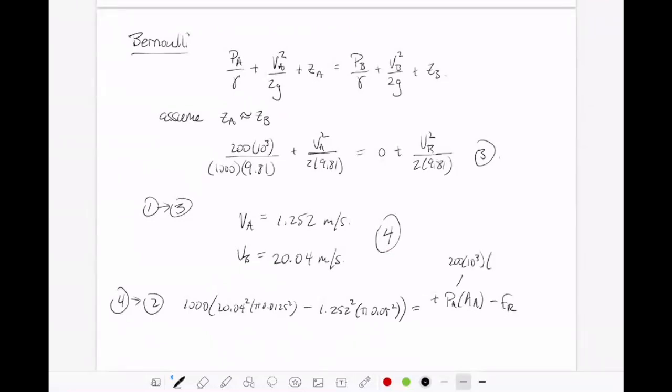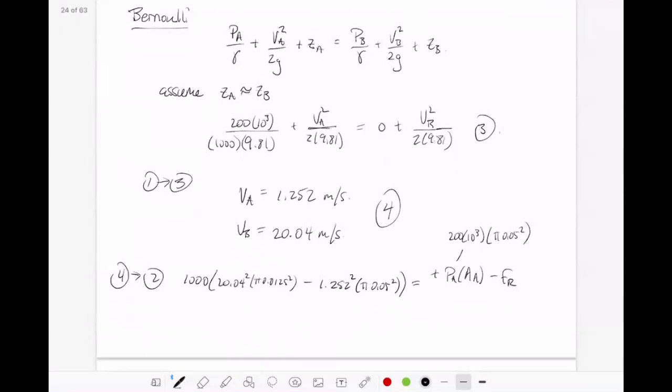PA times AA is 200 times 10 to the 3 pascals times pi times 0.05 squared. So finally, we have an equation where we only have one unknown. We can solve for that reaction force, the glue, and that would be equal to 1,390 newtons.